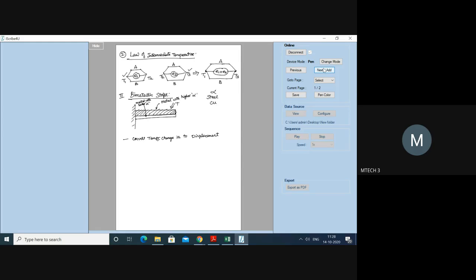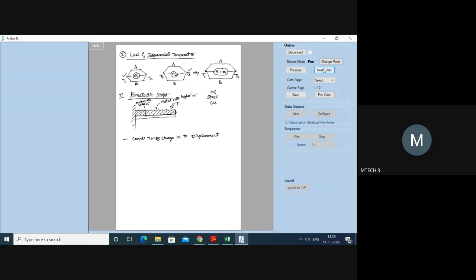One end is rigidly fixed. You are heating the bimetallic strip material. What is going to happen upon heating? Which is going to expand more? Simple, no? We have two different metals with two different alpha. The metal with the high coefficient of expansion will start to expand more compared to the metal with the lower coefficient of expansion.